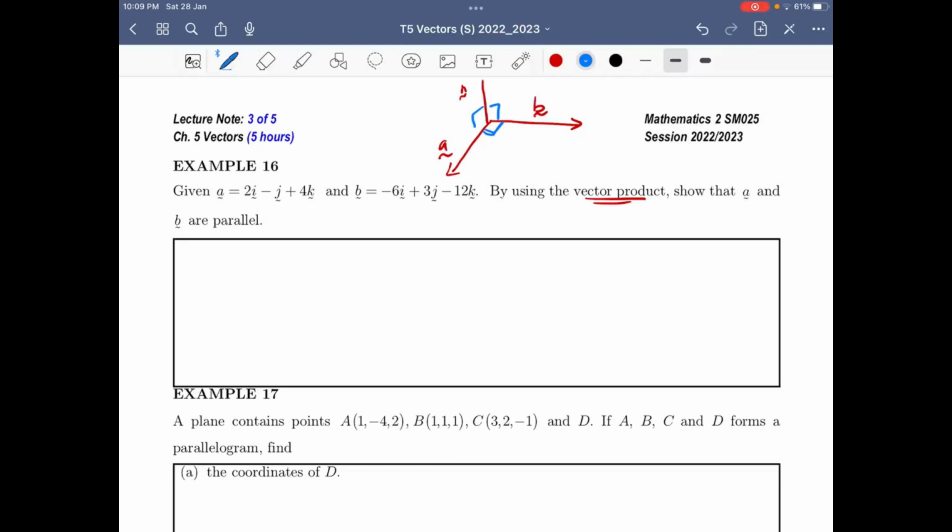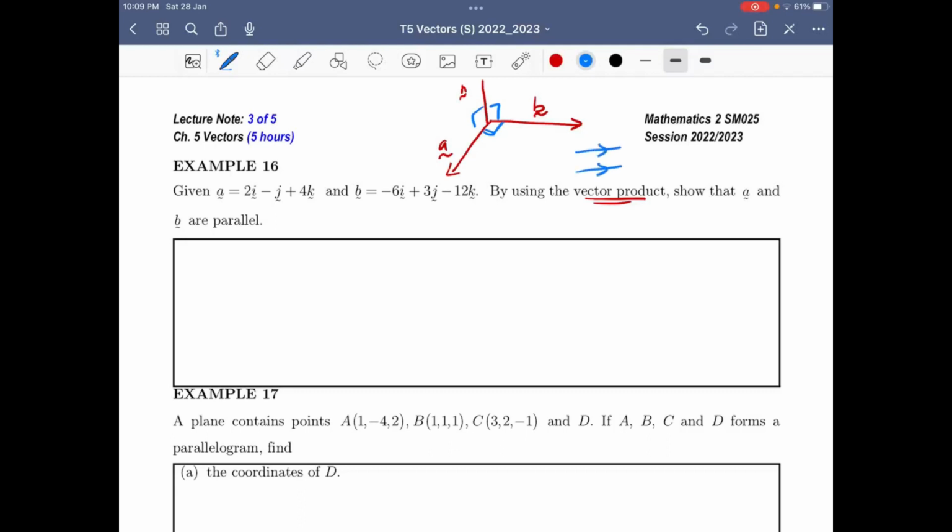Therefore, if we have a value for A cross B, it means there is a normal vector perpendicular to both. But to show that A and B are parallel, we need to show that A cross B equals 0.